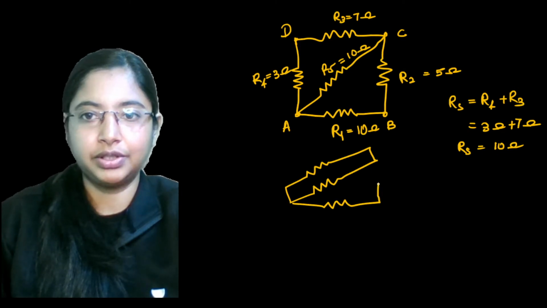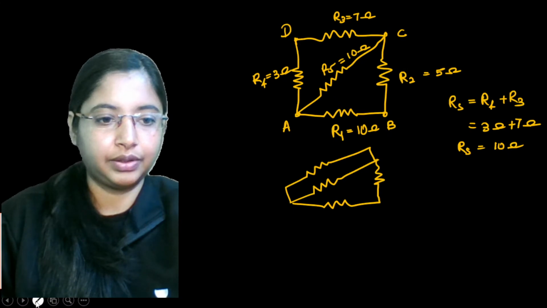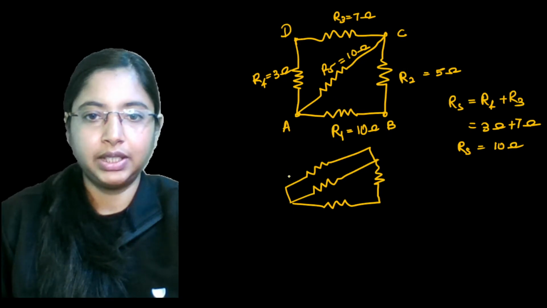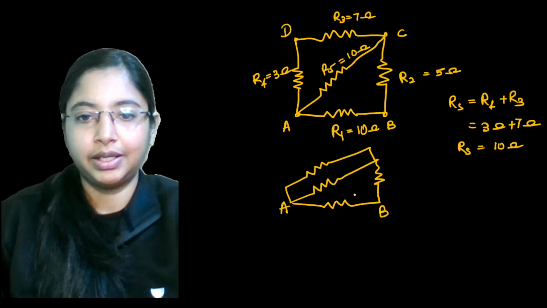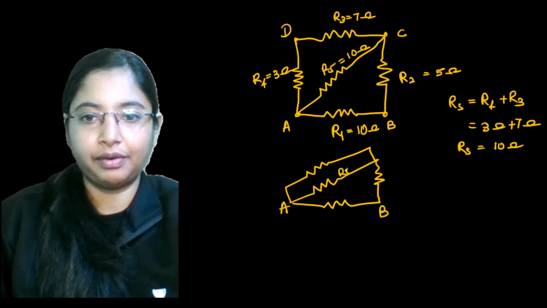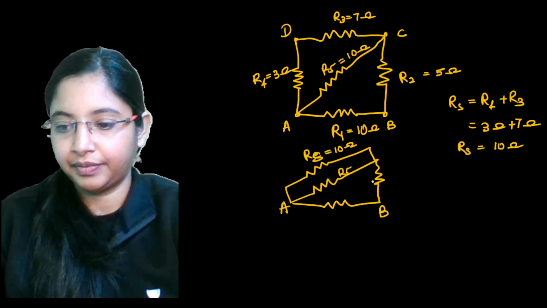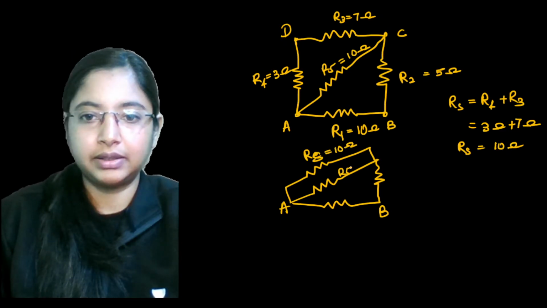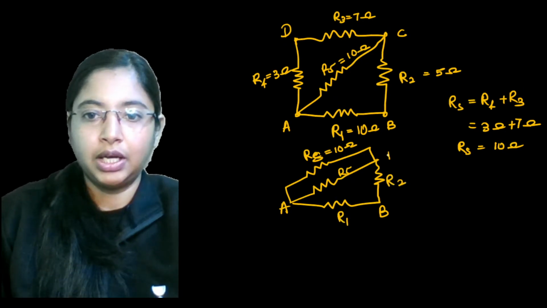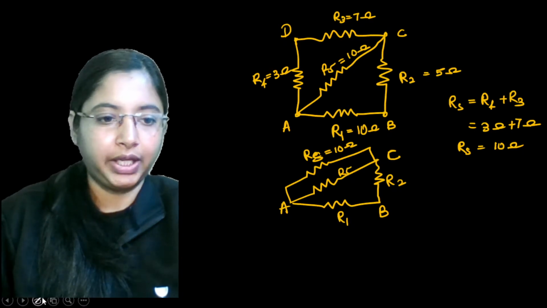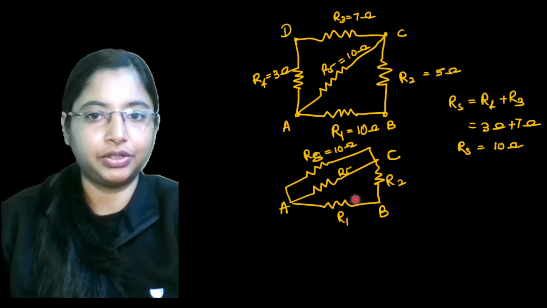Now this becomes your circuit. In this case, you have points AB, and this will be your R5, and this is the equivalent resistor value you found, that is 10 ohms. Let's say this is R1 and R2. Now, across points AC, there are two resistors that are in parallel combination.